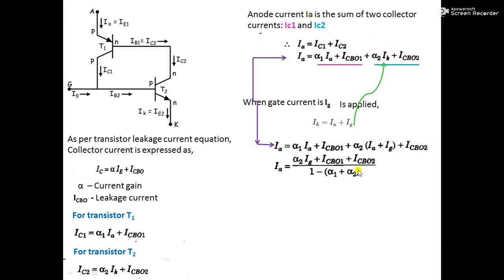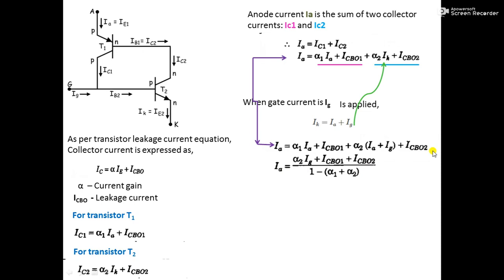After you rearrange these terms, we will get the expression for anode current IA. In my notes I will give detailed steps of rearranging the terms. Otherwise you can also work it out by yourself. It is very easy. So by rearranging the terms we will get anode current IA as this expression.